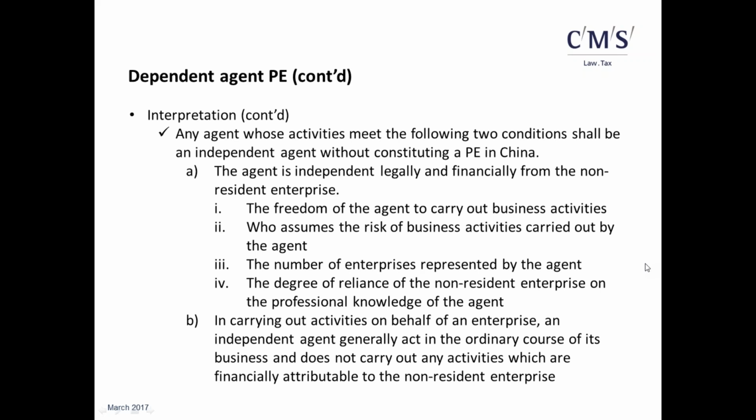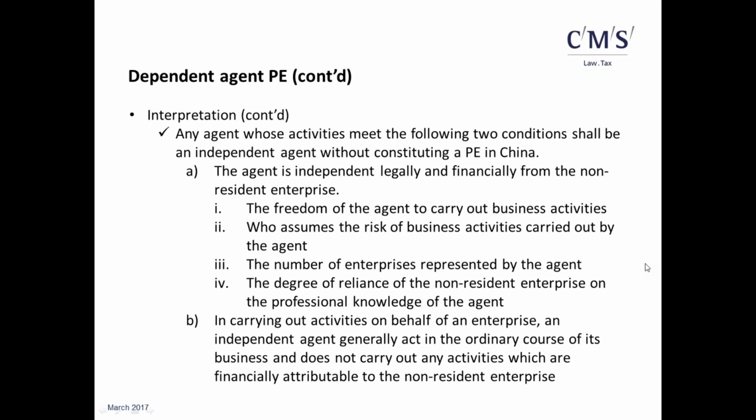The third point is the number of enterprises represented by the agent. If this agent works wholly or almost wholly for the foreign enterprise only, then it will be a negative factor for assessment. And the fourth point is the degree of reliance of the non-resident enterprise on the professional knowledge of the agent.